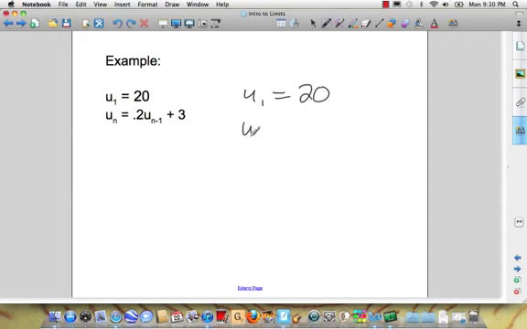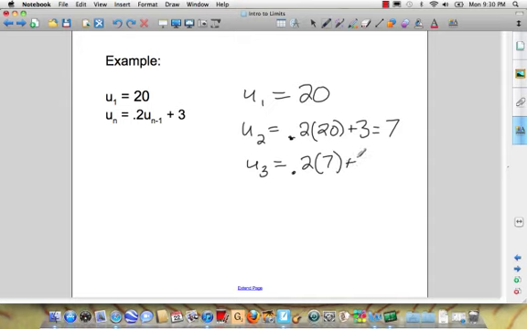Now, to find u sub 2, I need to do 0.2 times 20 plus 3, which I worked out, and that comes out to be 7. Okay, so then to get the next term, u sub 3, you would take 0.2 times what we got above, 7, and add 3 to that.